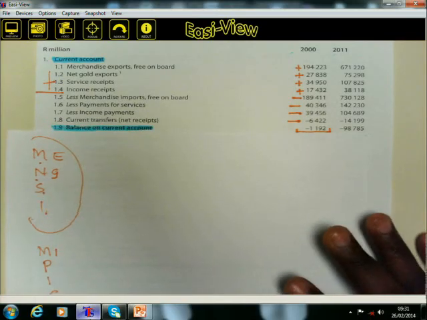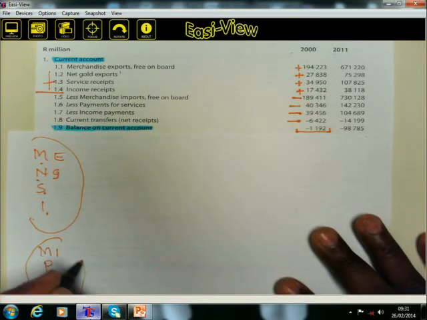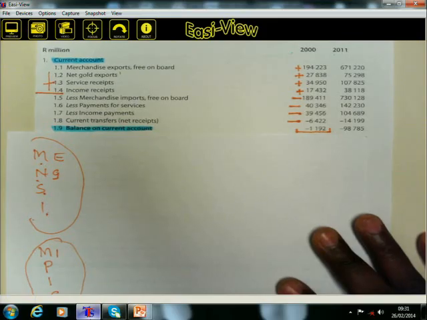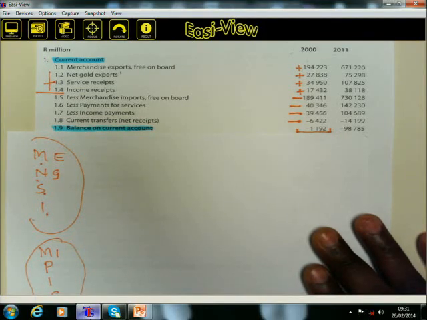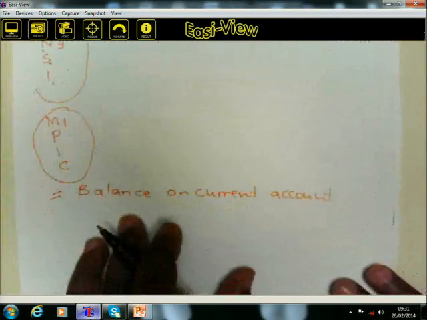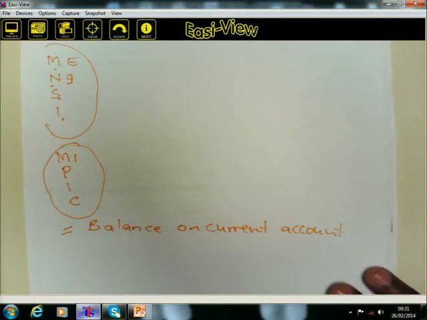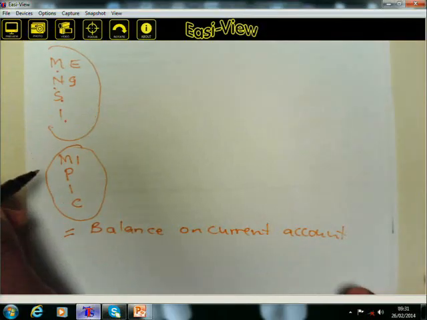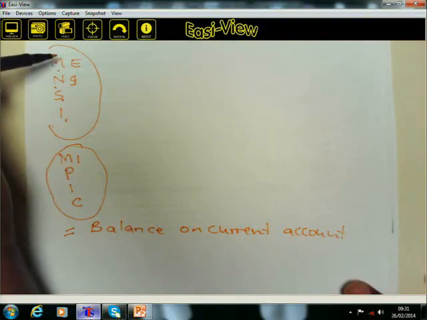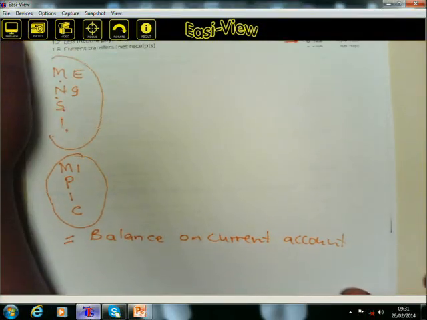It means that we subtract these ones, and the answer that you will get there is a balance on current account. It is a balance on what? On current account. This is the simplest way in which you can recall this account, especially this current account.